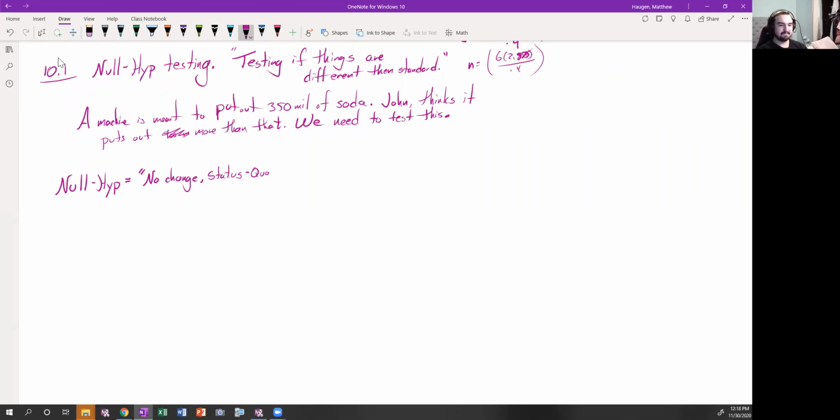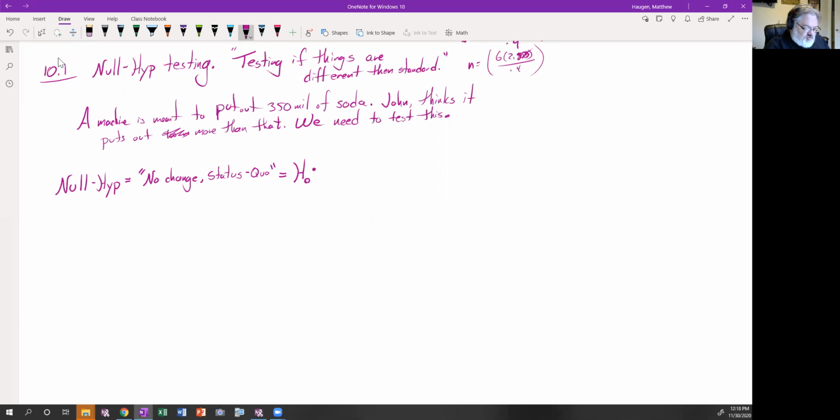No change, status quo. That's what is supposed to happen. And it's labeled H for hypothesis, sub-0 for null. So the no change, the standard, the basic hypothesis, things are what they're supposed to be. It's essentially our assumption.